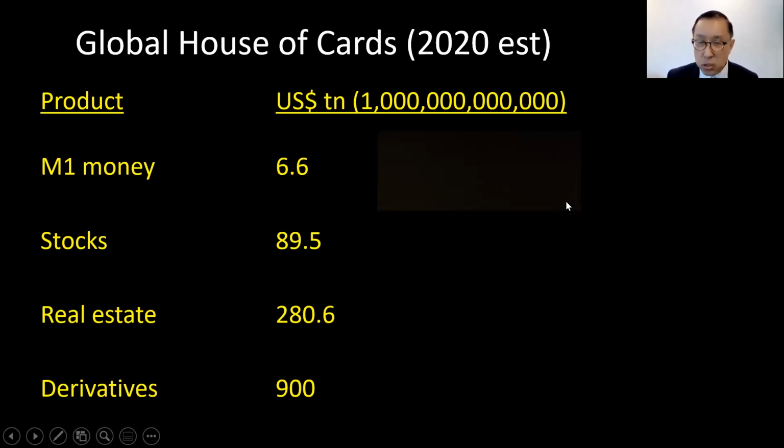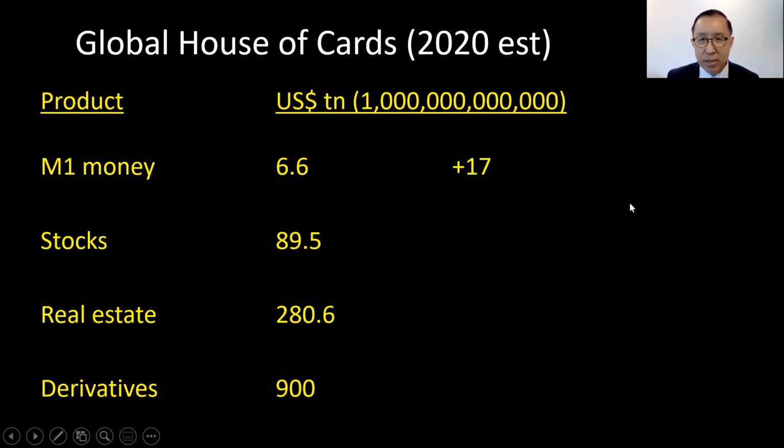But in the past 2 years, the US Fed has printed $17 trillion more. So you can imagine the multiplier effect on stocks, real estate, on derivatives. We are so leveraged. Any slight increase in interest rates will kill most of us.